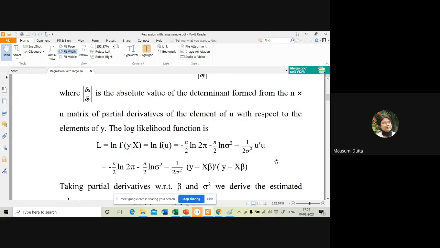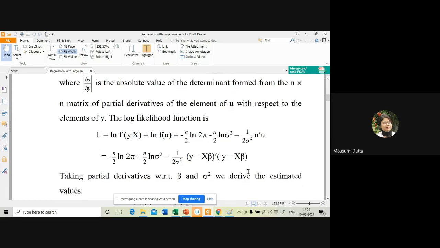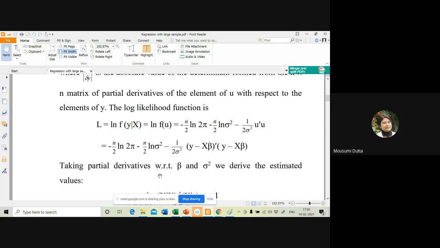So this can be rewritten as minus n by 2 ln 2 pi minus n by 2 ln sigma square minus 1 by 2 sigma square, (y minus x beta) transpose (y minus x beta). Then I have to take partial derivatives with respect to beta and sigma square to derive the estimated values of beta and sigma square.